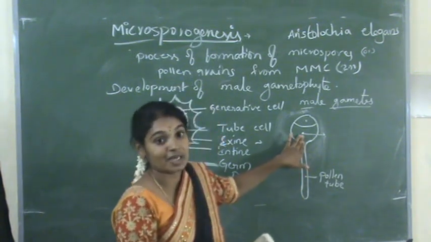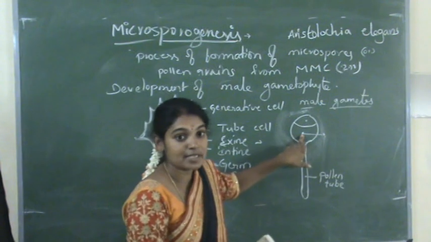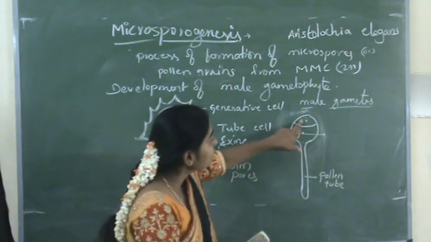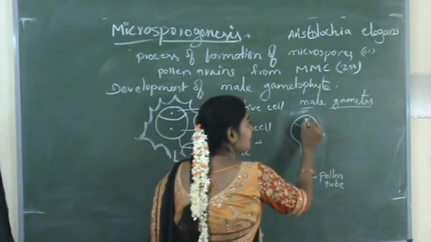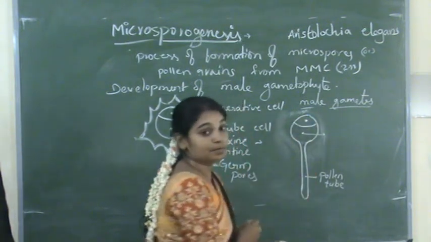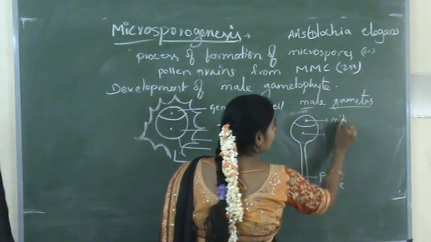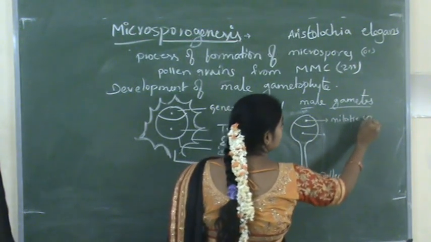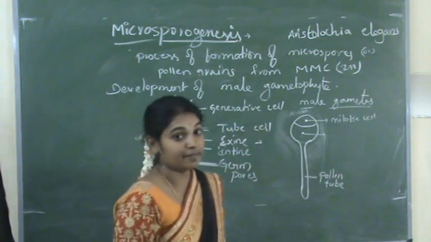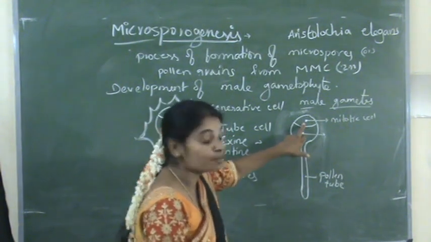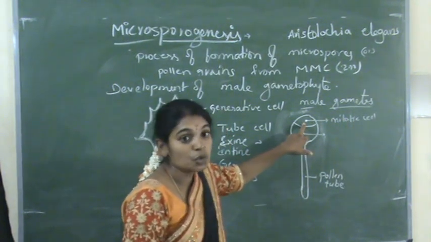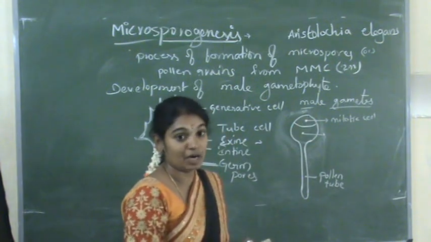So there is no function of the nucleus of the tube cell. But the nucleus of the generative cell undergoes mitotic cell division, and from this mitotic cell division, two male gametes are formed.